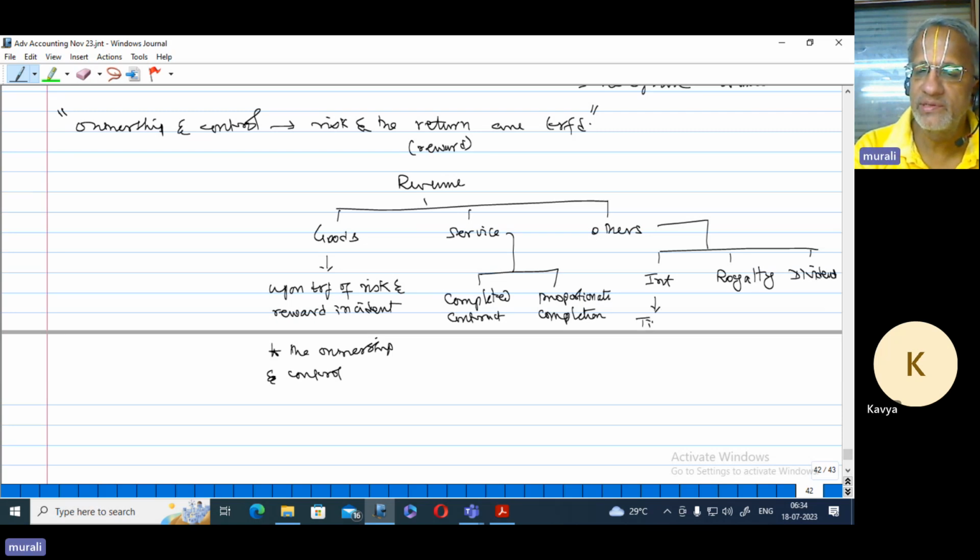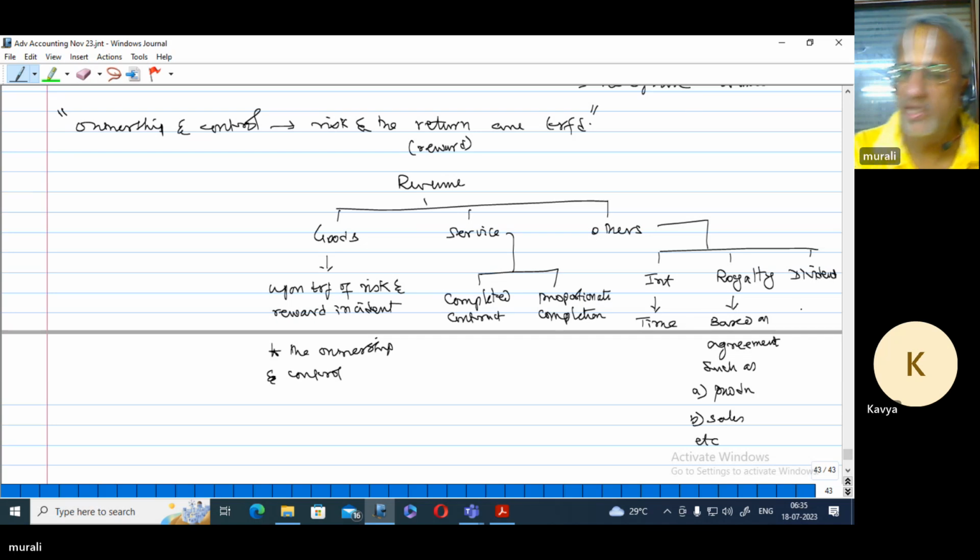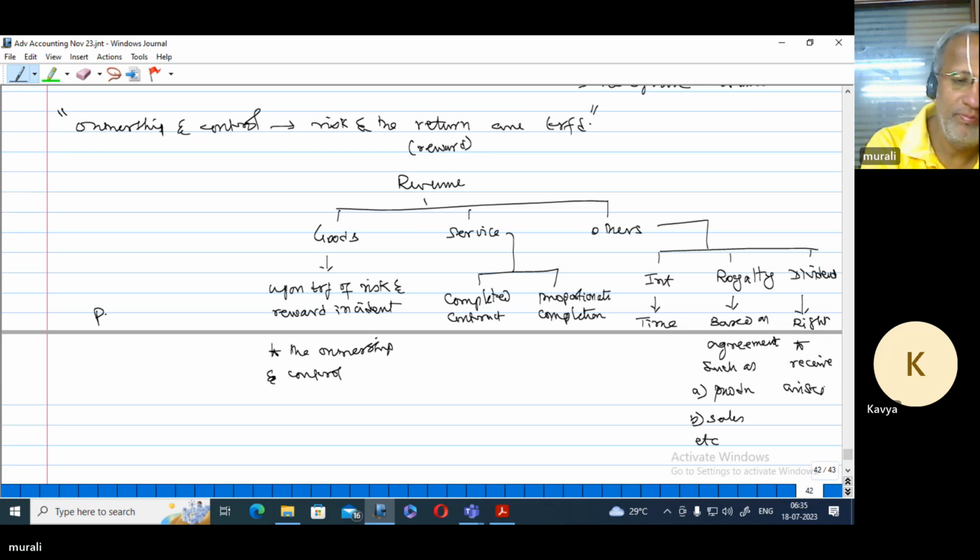Interest on a time basis, royalty based on agreement such as A, production, B, sales, etc. Dividend, when the right to receive arises. These are the points of recognition.